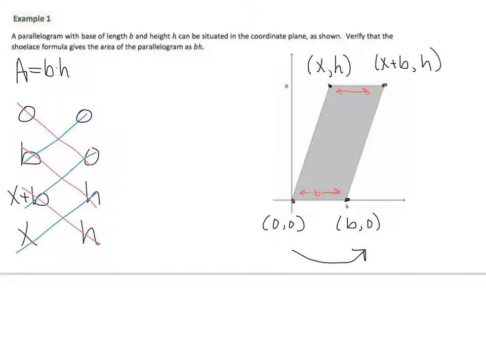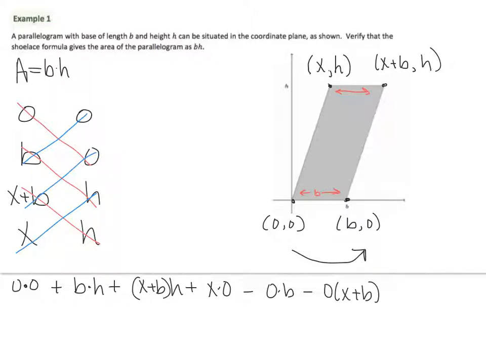All right, first I have the addition. 0 times 0 plus B times H plus X plus B times H plus X times 0, minus, do the blues, 0 times B, minus 0 times X plus B, minus XH minus H times 0.